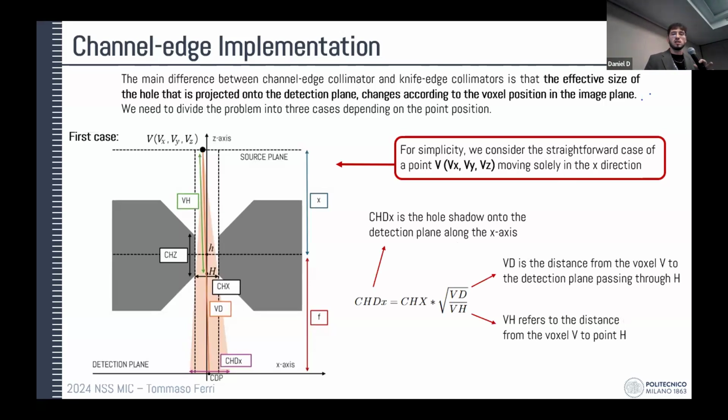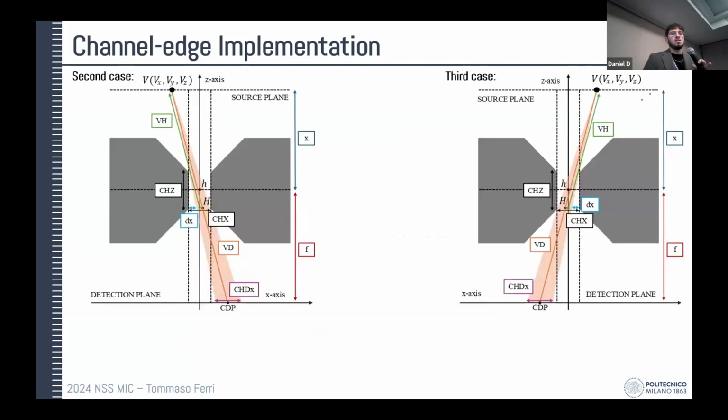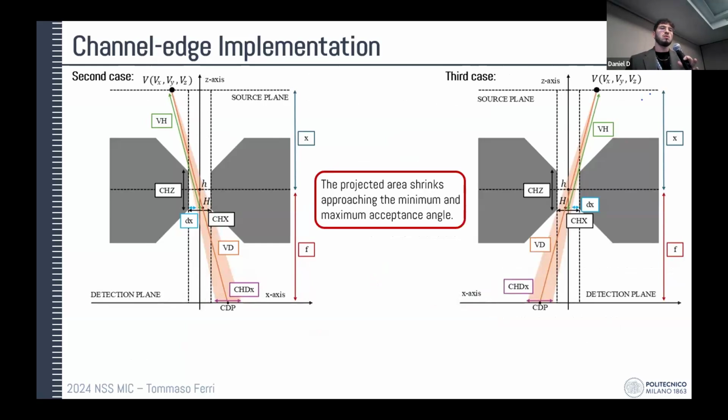The second and the third case are specular to one another, and here we can see the difference is mainly highlighted because while the voxel is moving towards the minimum or the maximum acceptance angle, the area which is projected is actually shrinking.